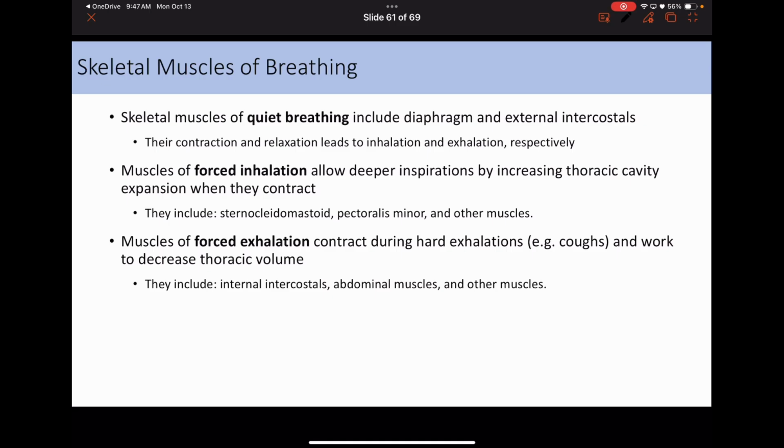This includes your internal intercostals, your abdominal muscles, and some other accessory muscles as well. So we have quiet breathing, forced inhalation, and forced exhalation, which all require different muscles. Okay, any questions on that?